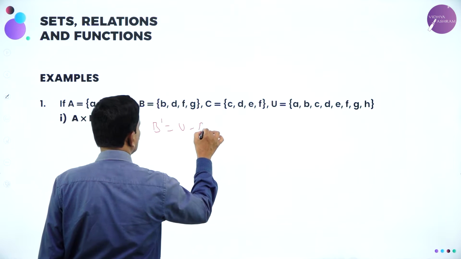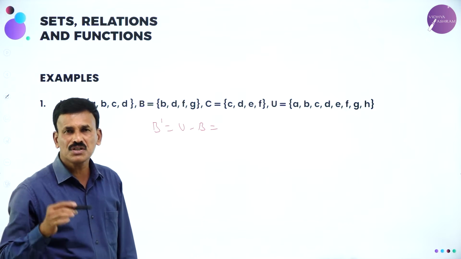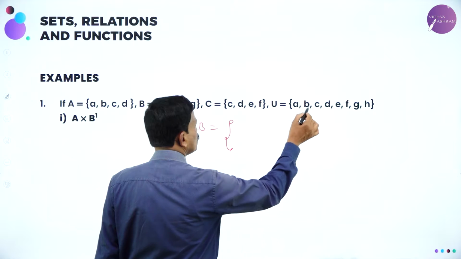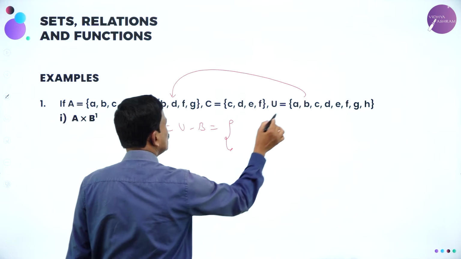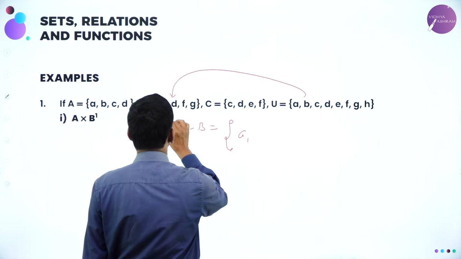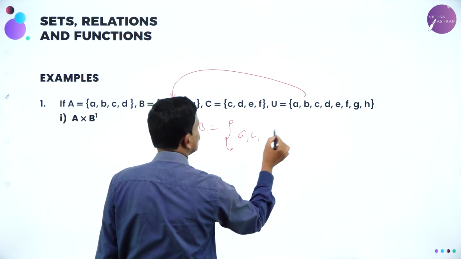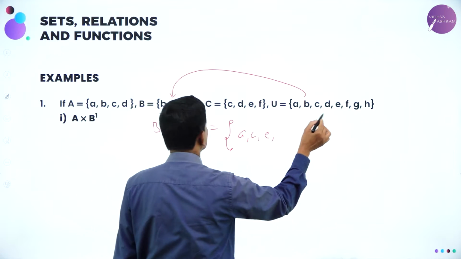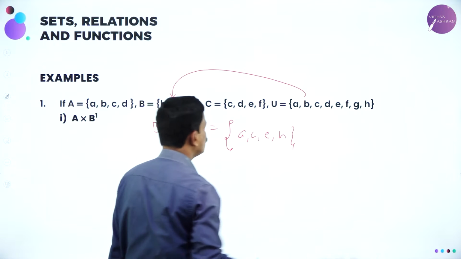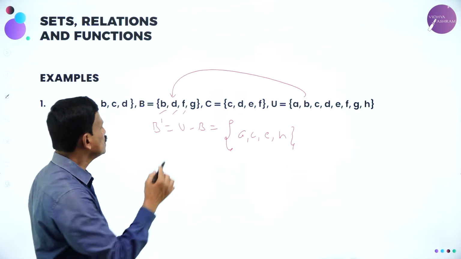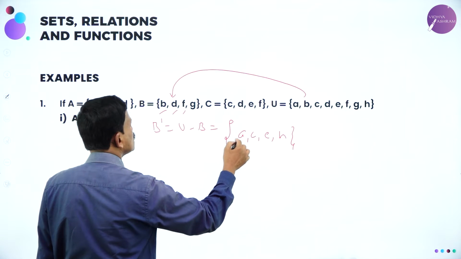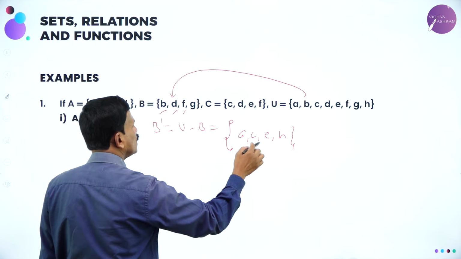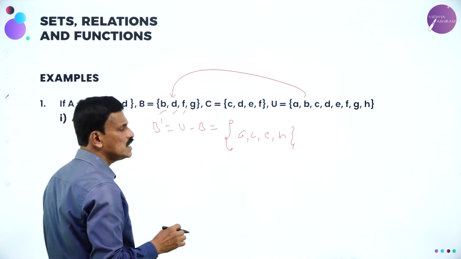You know B dash is nothing but U minus B. All the elements which are in U but not in B. That is called the complement of B. So, a is not in B, we want it. b we have, so we don't want it. c is not there, d we have, e is not there, f is here, g is also there, h is not. So, the elements which are not in B are a, c, e, h.